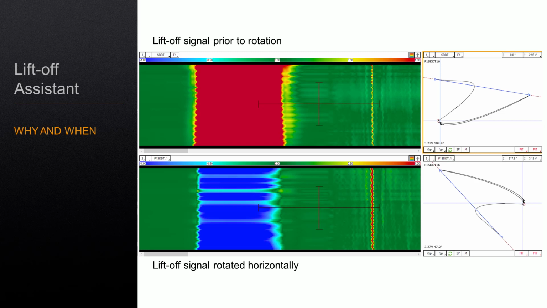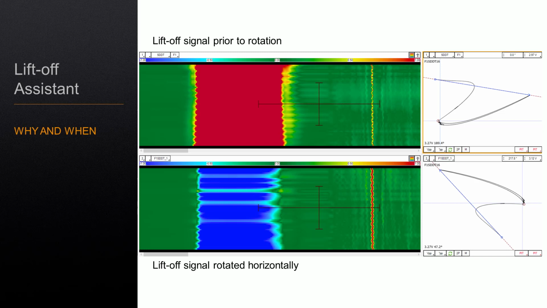On the screen right now, you can see at the top a C-scan showing a liftoff signal, so the large red portion on the left. And on the right of the same C-scan, you have a signal coming from a transversal notch. The top C-scan is what we can see before the signal rotation.